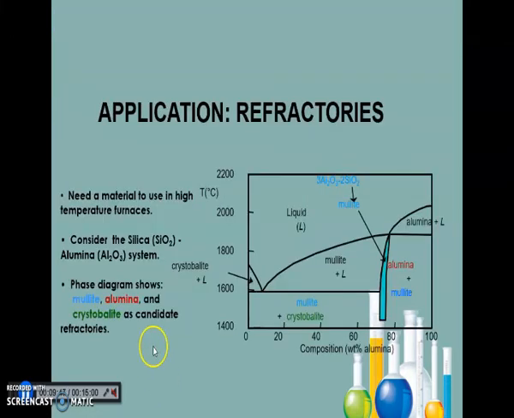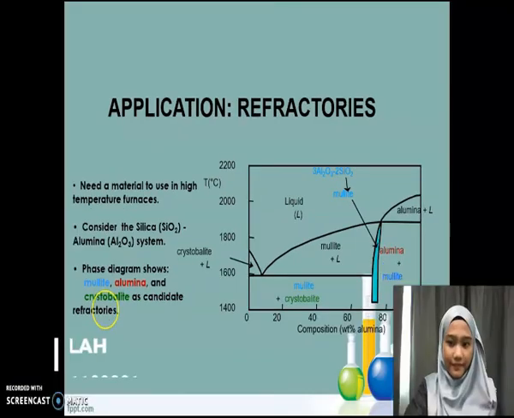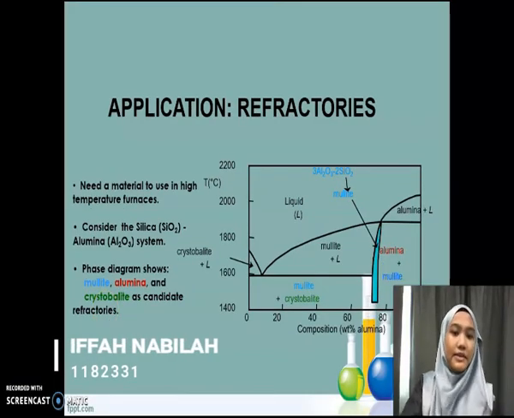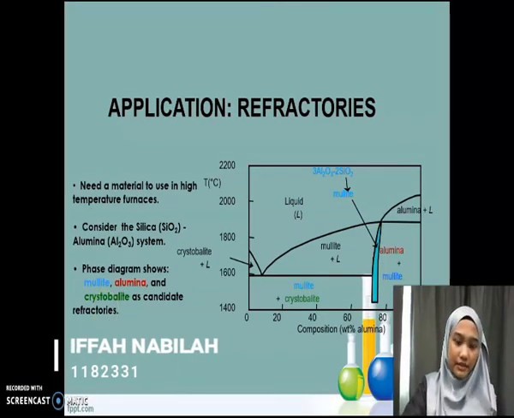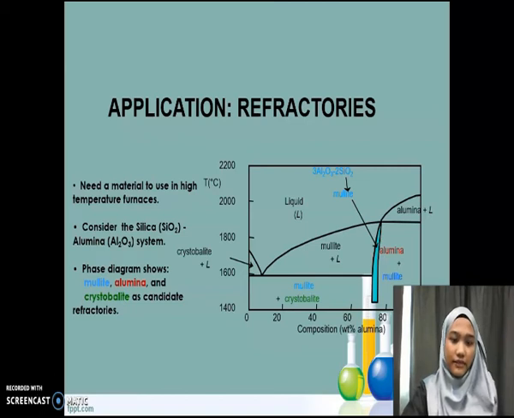Okay, second section. I am Iffah Nabilah and I will explain about the application in refractories. So there is in this slide I will explain about the phase diagram.